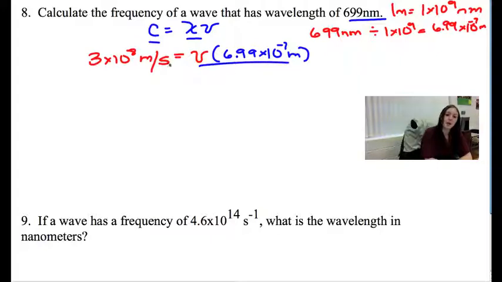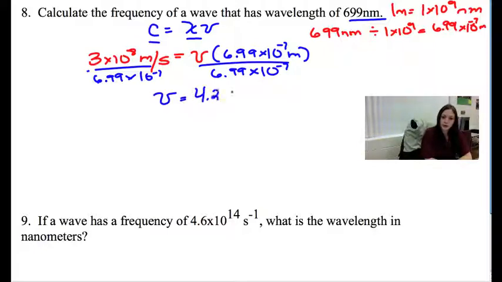I'm going to divide both sides by 6.99 times 10 to the negative 7th. Remember when we plug it in our calculator that we are putting in the E key, and I get a frequency of 4.29 times 10 to the 14th. Our unit here is seconds to the negative first, or Hz, hertz, either one, doesn't matter.